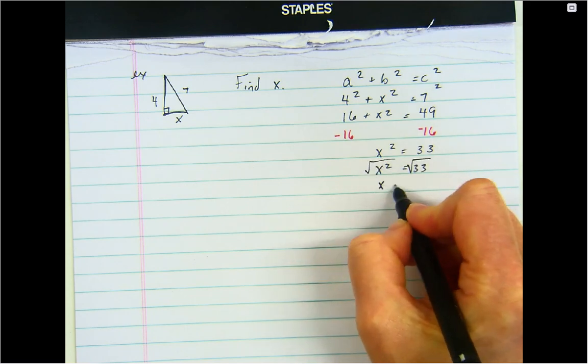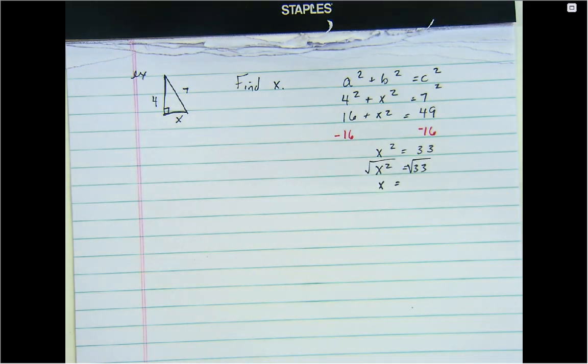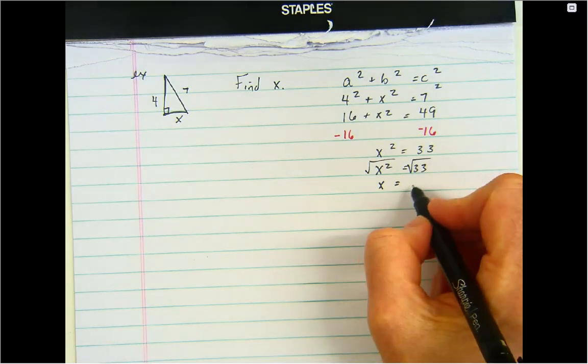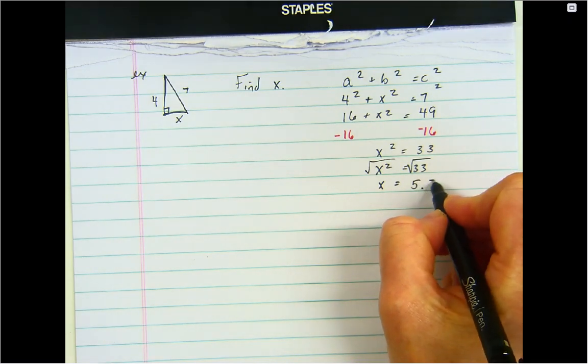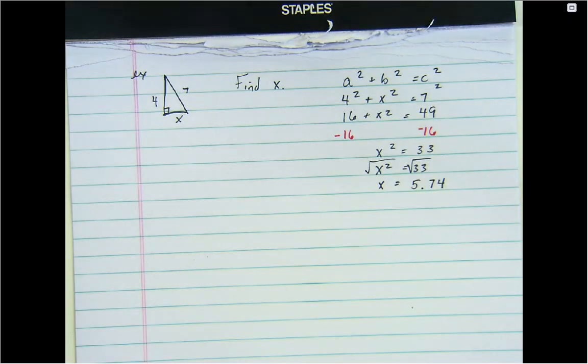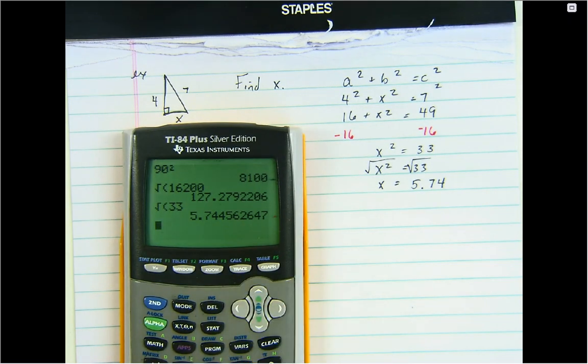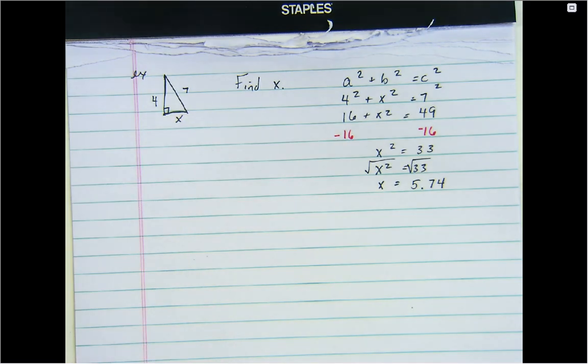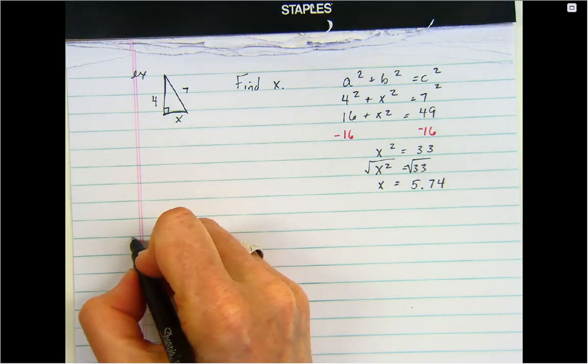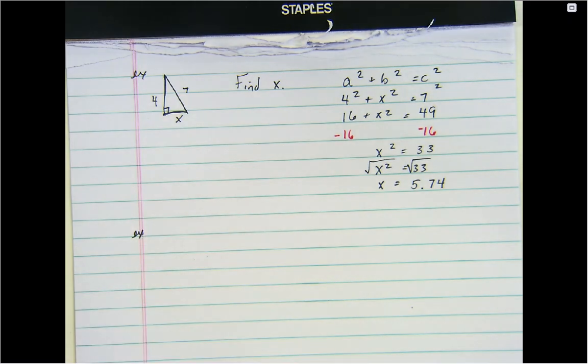And then we have plain x. So let's find the square root of 33. Okay, so 5.74. This time the third digit is a 4, so I don't round the hundredth place up. Does anyone have questions on that one?